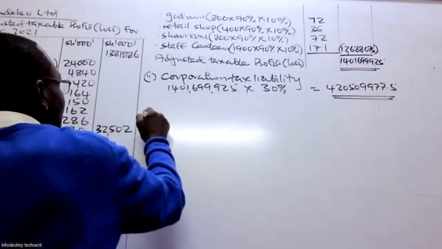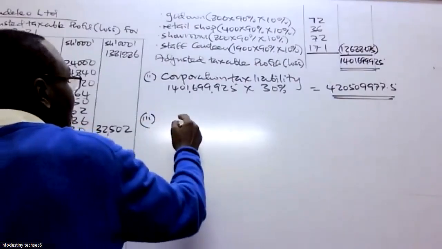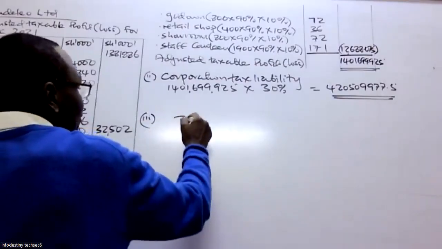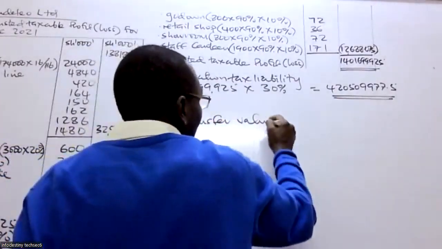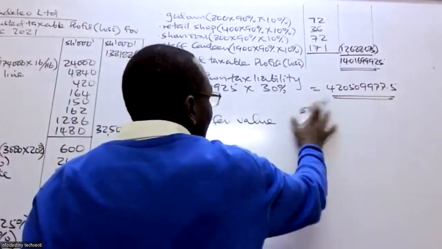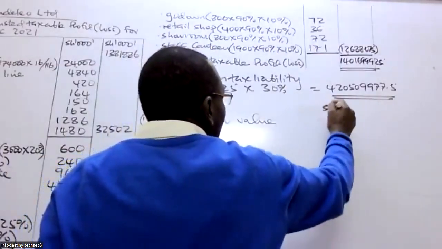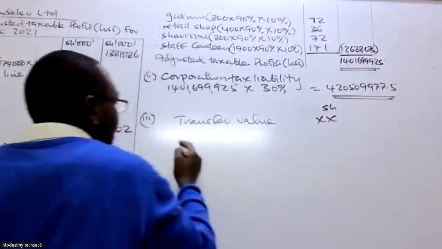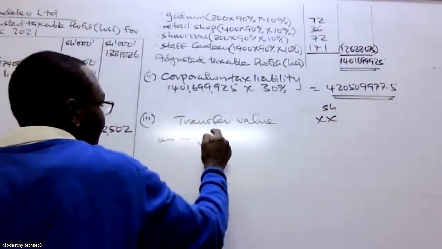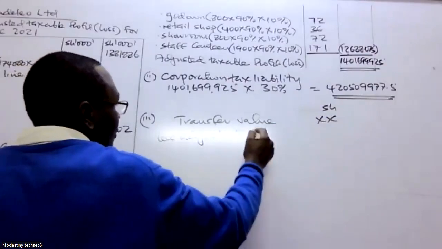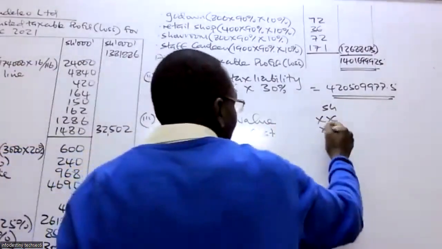You determine net gain by getting the transfer value of property, let's suppose XX, then you lessen what we call adjusted cost, maybe some value.